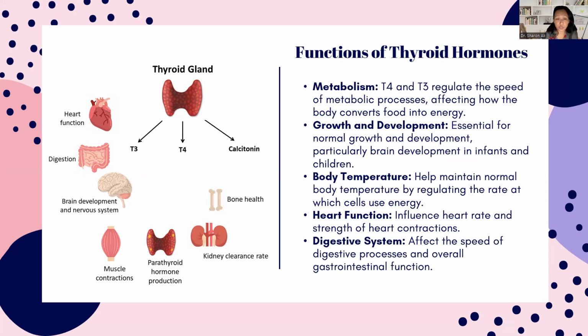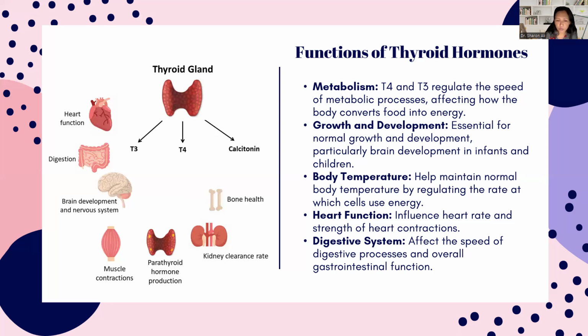Because of the effect on the calcium levels of the blood, it also influences the heart rate and the strength of the heart contraction. Because it is directly related to regulating all the processes, it will either speed up or reduce the digestive process. Okay. So these are mainly places where it goes.